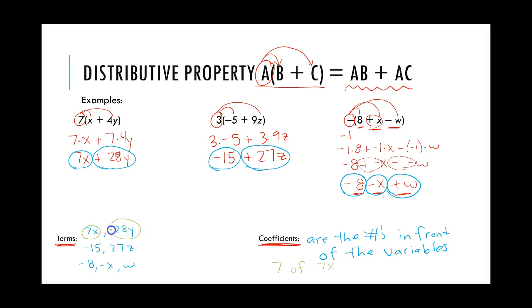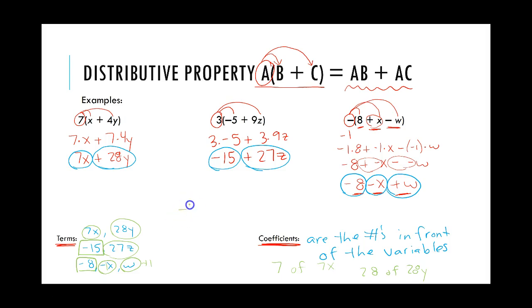The 28 is the coefficient of the 28y. The 27 is here. The -1 there, and then this would be a +1. Now I left these out because these don't have variables.